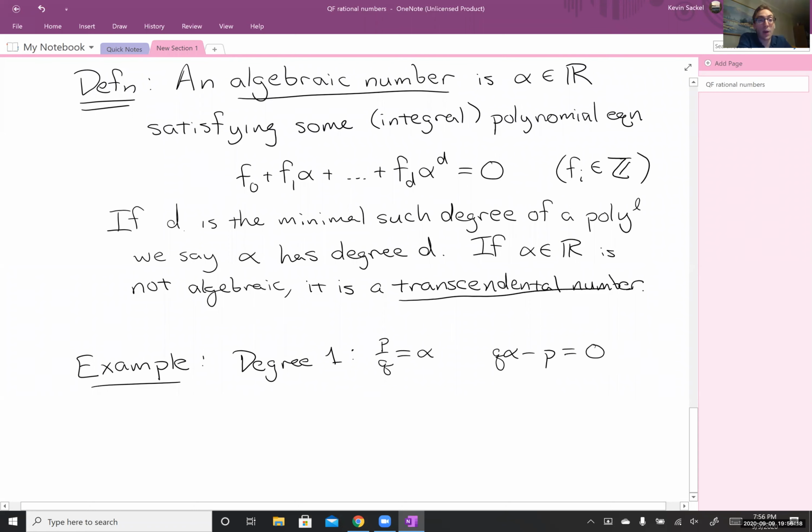So it satisfies a polynomial equation of degree 1. An example of a degree 2 number would be something like, say, alpha equals 1 over square root of 2, because it satisfies that 2 alpha squared minus 1 equals 0.